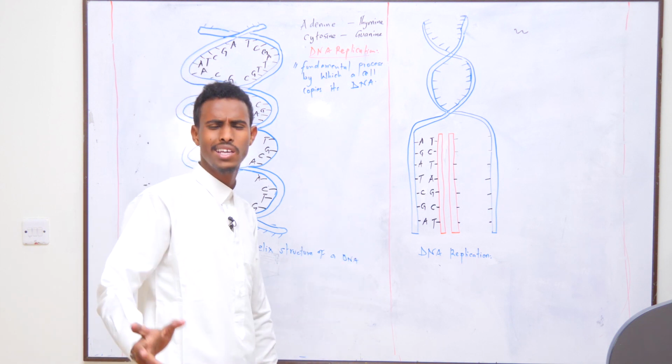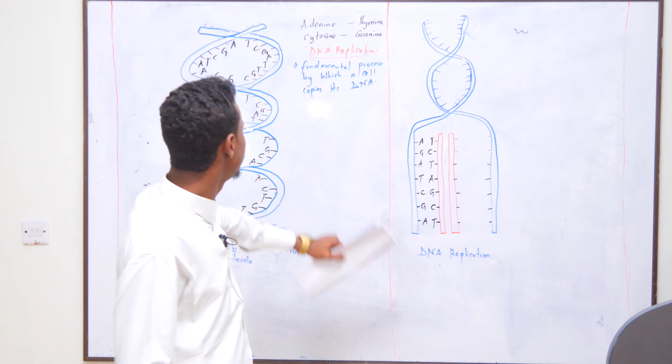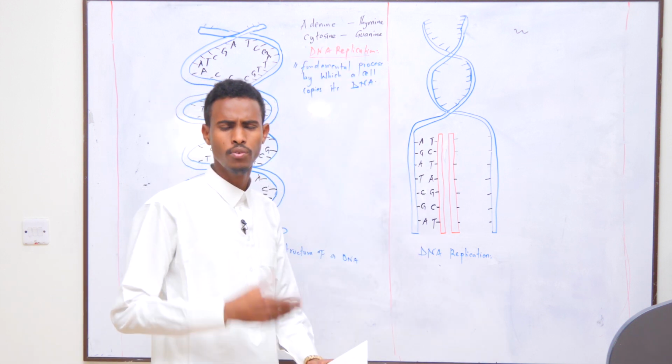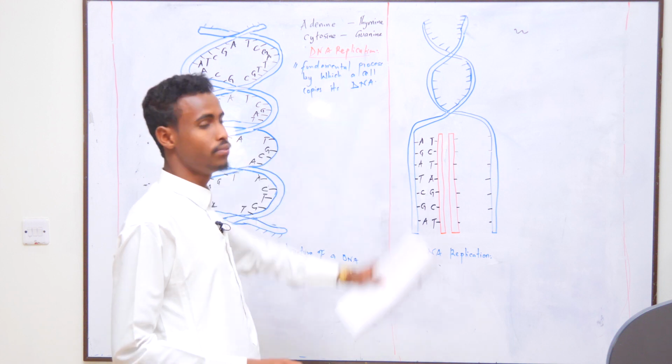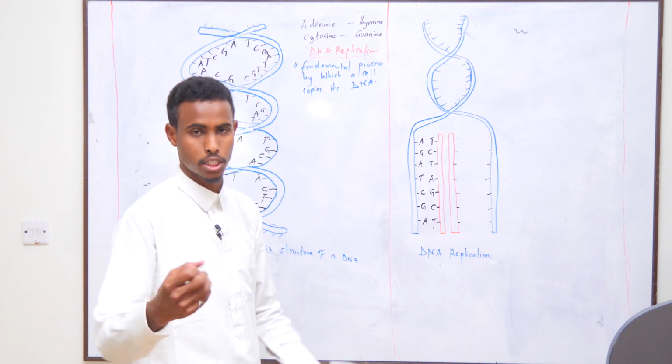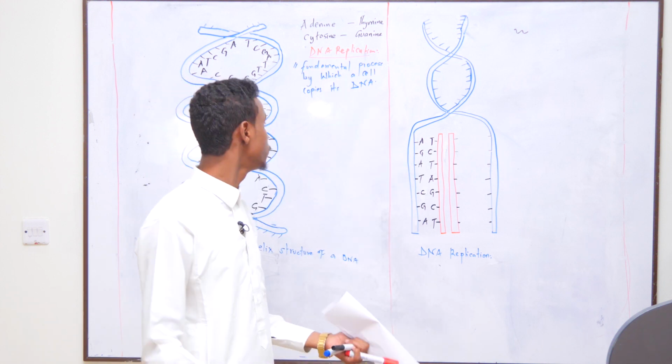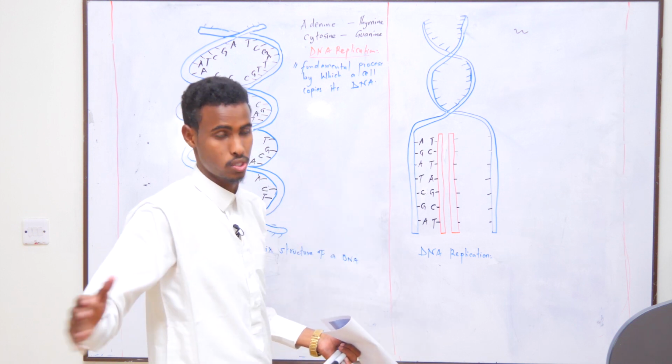Now, why is there importance in this replication? For instance, during cell division, and we know there are two types of cell division: mitosis and meiosis.